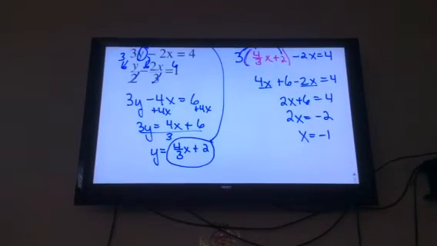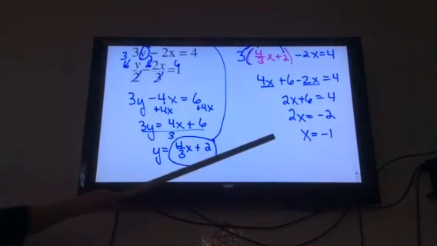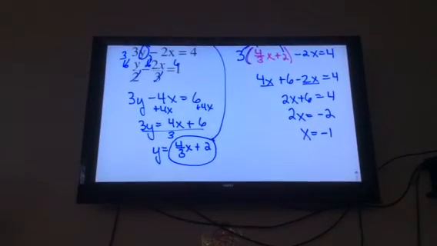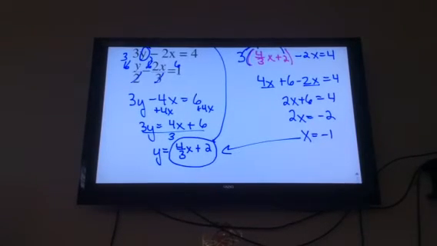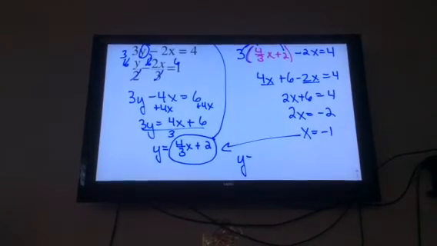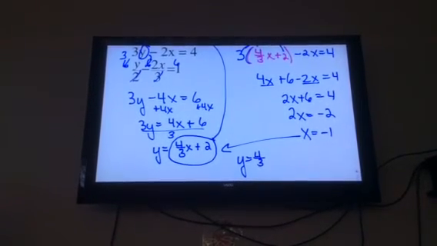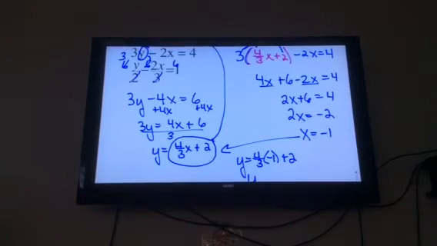And then I can put that negative 1 back into the beginning equations, but I always go back to my substitution equation. I go there. So y is 4/3 times a negative 1 plus 2. So what do I have?